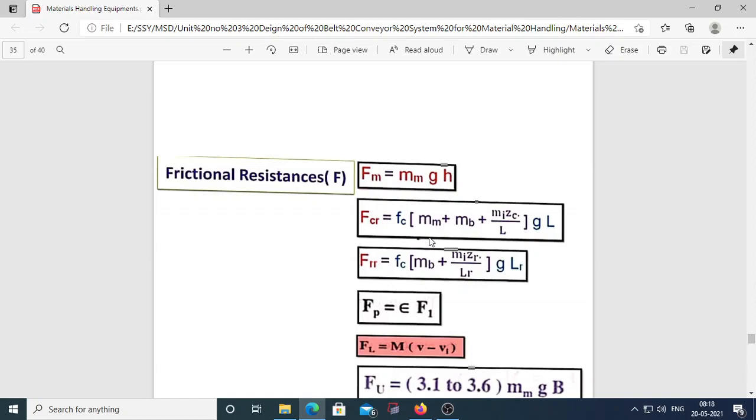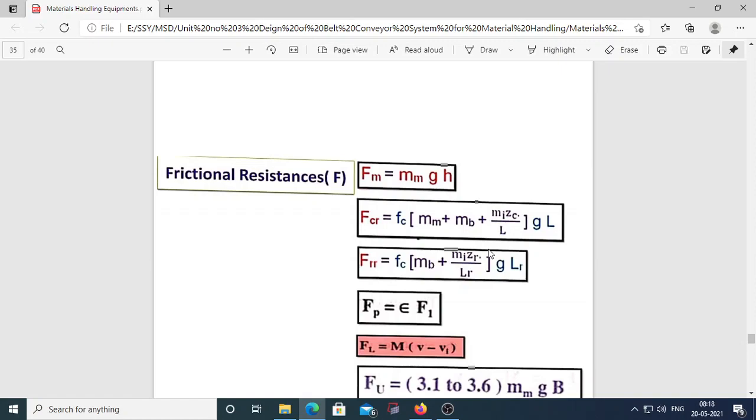That's why this value is 0. The other formula is the same, you only have to replace the length of the carrying idler by the length of the return idler, and zc is replaced by zr.